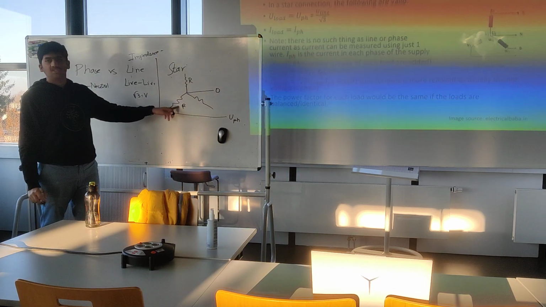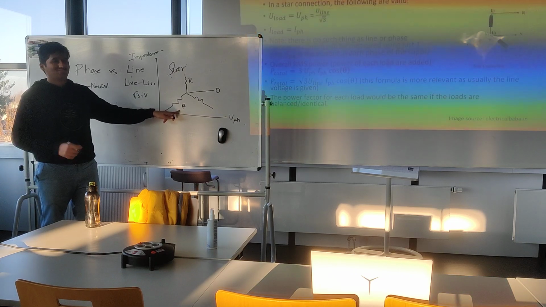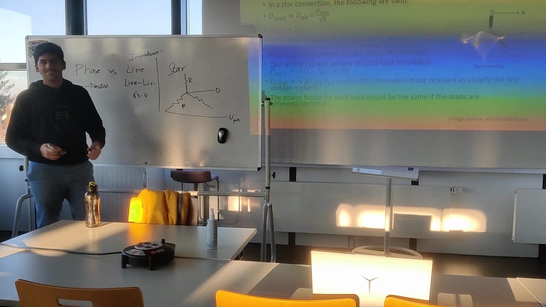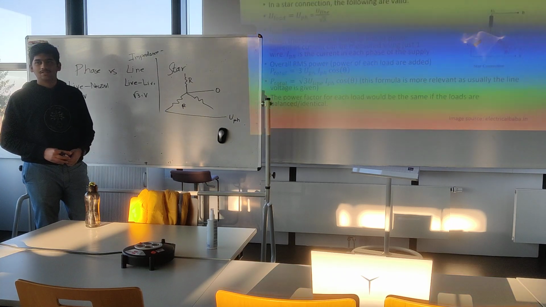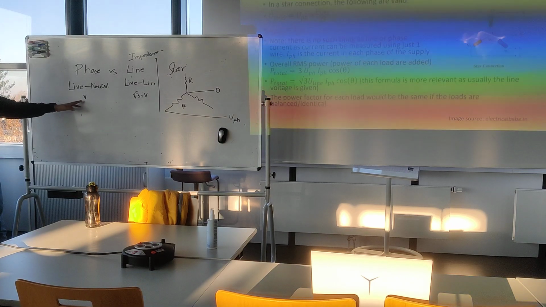So what is the voltage across the resistor? In terms of whether it's line or phase voltage: divided by √3. It's phase voltage.